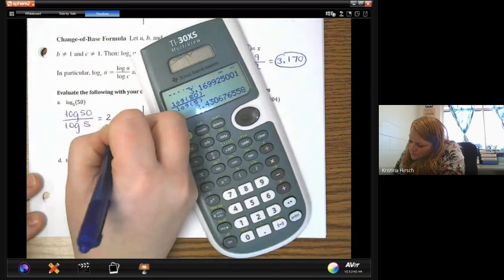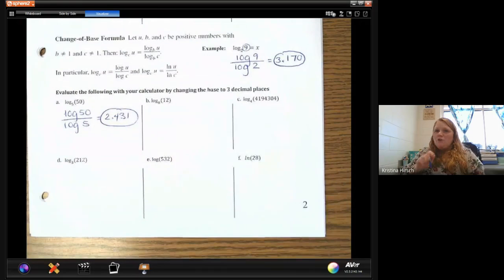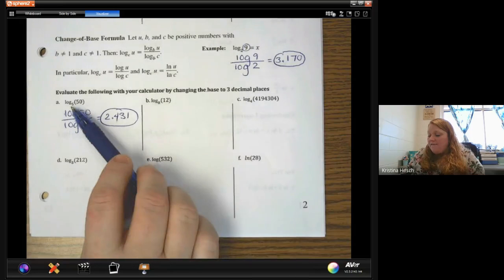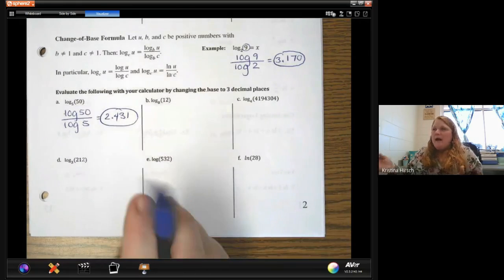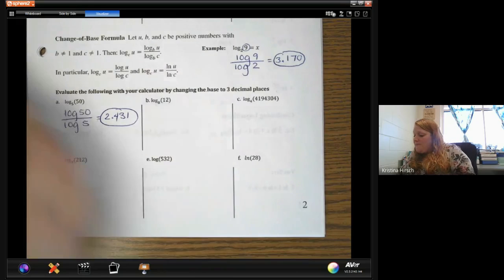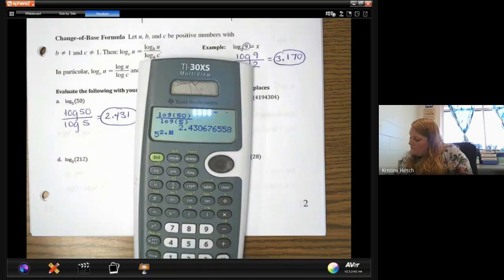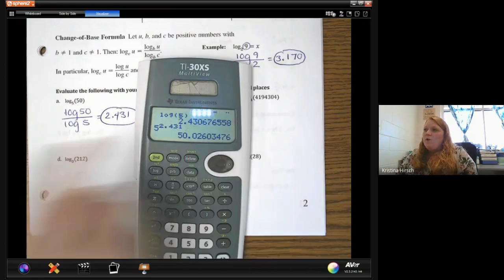And it would be 2.431. I want to refresh your memory on what you're doing. Remember, at the beginning of this video, I said this would be 5 to what power gives you 50? Well, 5 squared is 25, but 5 cubed is 125, too much. If I put 5 to the 2.431 power in my calculator, I got 50.02.